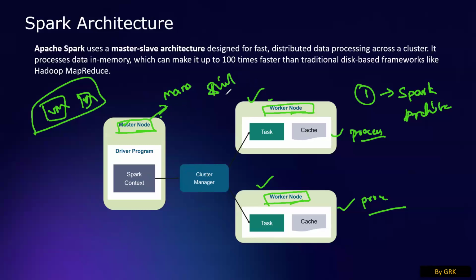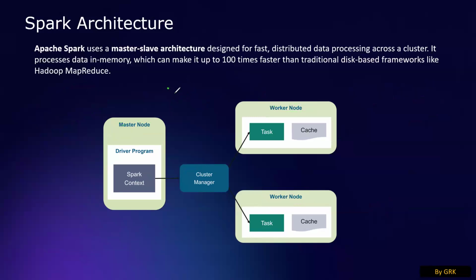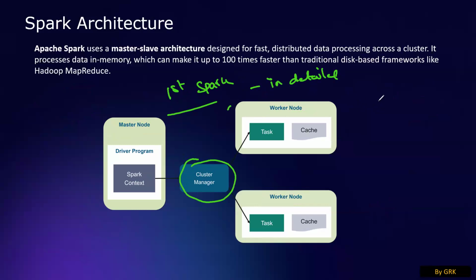This is the master and slave architecture. Don't worry, we are going to see that in our first Spark class, in detail, each and every level. So you have the cluster manager, which manages your cluster. Cluster means the group of virtual machines. Let's say you have four virtual machines.